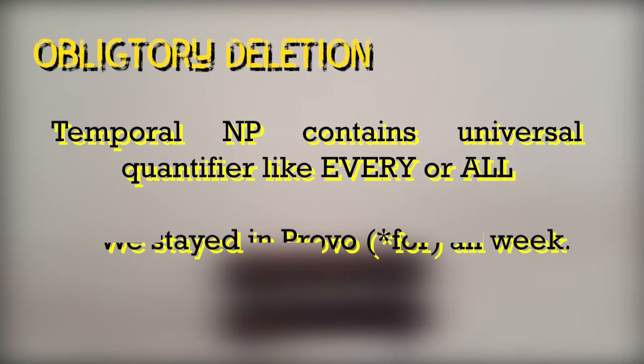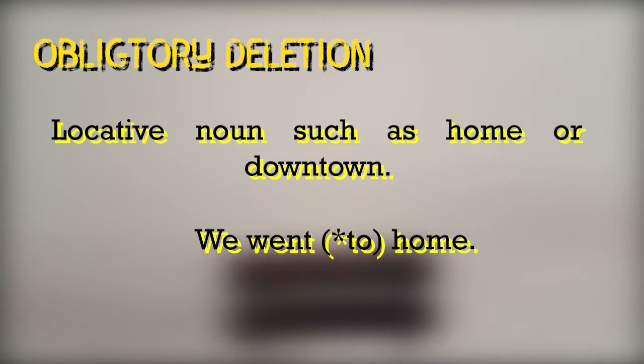For example, we stayed in Provo for all week. Delete the preposition for. Third, locative nouns like home or downtown. For example, we went to home. Delete the preposition to.